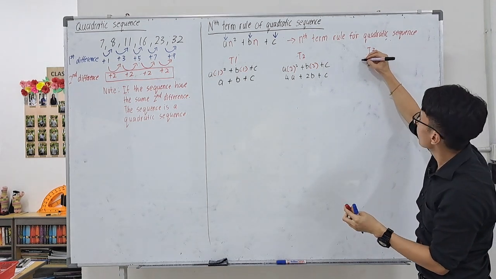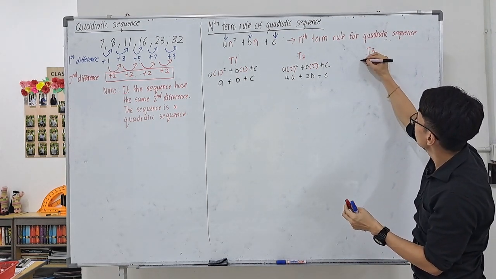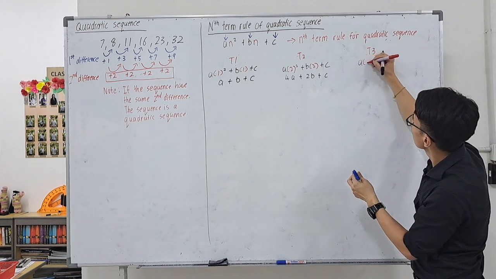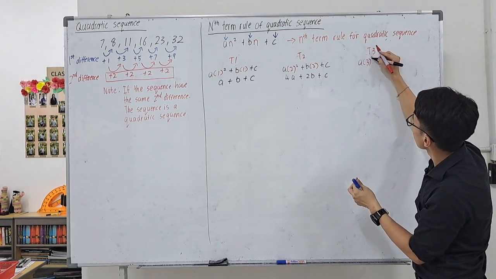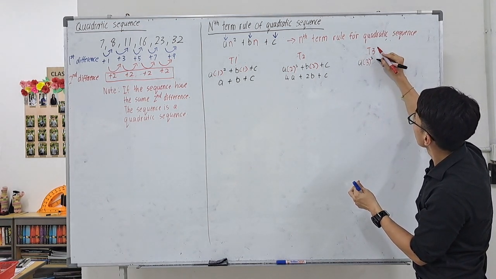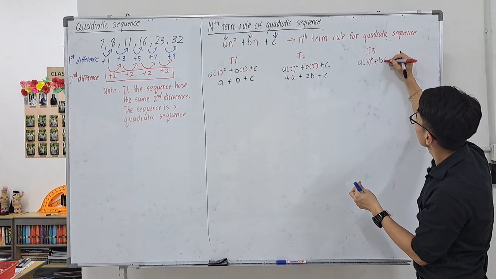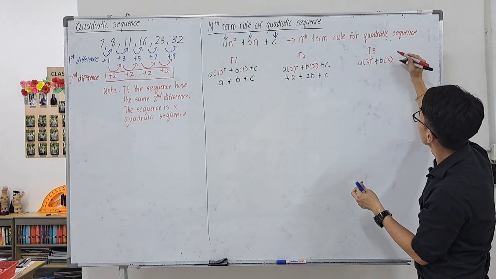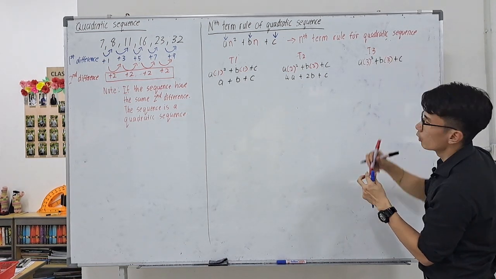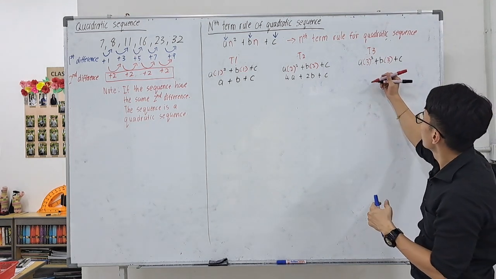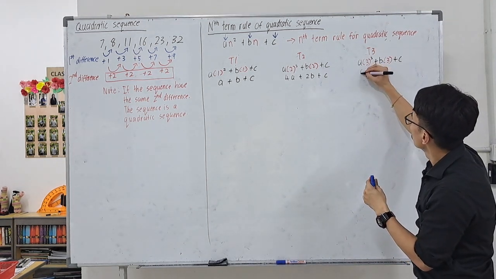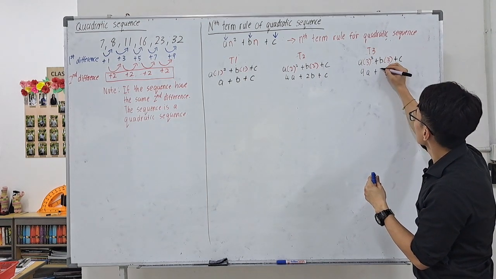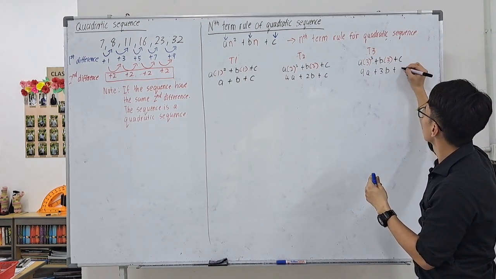By the time my n equals 3 now, I will have A, just substitute. Then you expand this, you should get 9A plus 3B plus C.